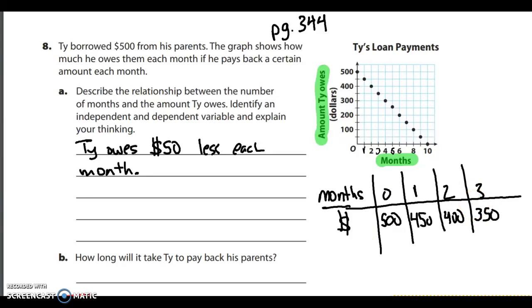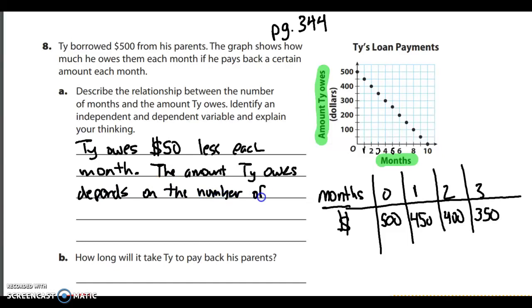So the second thing we're supposed to do is identify the independent and dependent variable. The amount Ty owes depends on the number of months. Now that doesn't technically answer the question yet, but I'm about to.